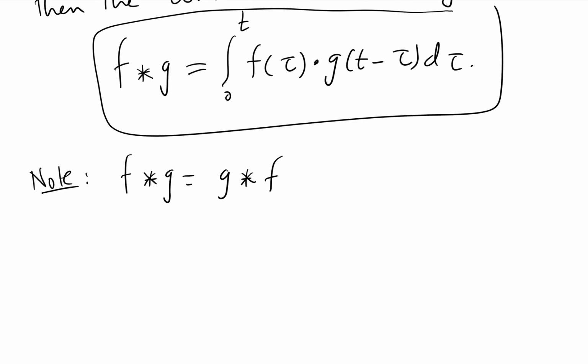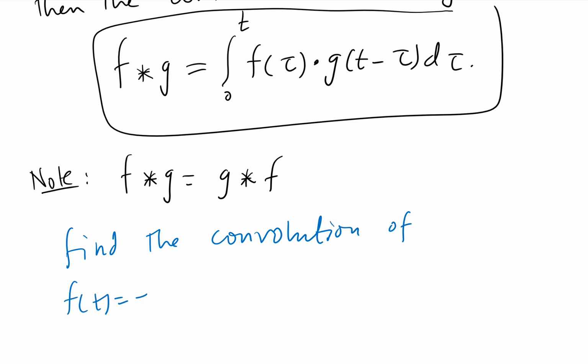To apply this as an example, find the convolution of the two functions f of t equals e^(-t) and g of t equals cosine t.